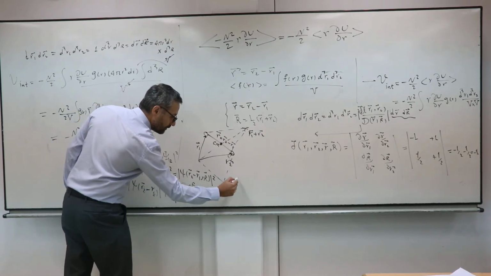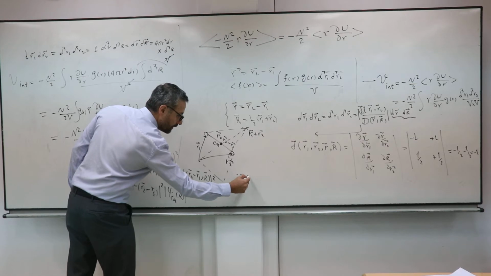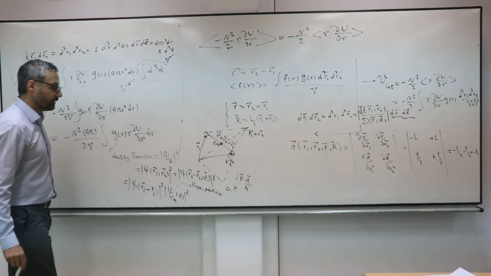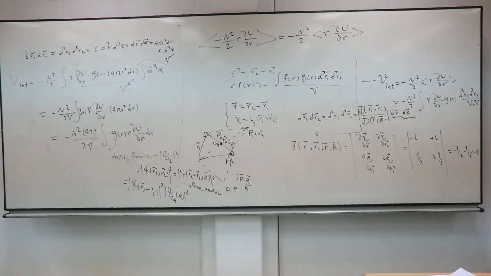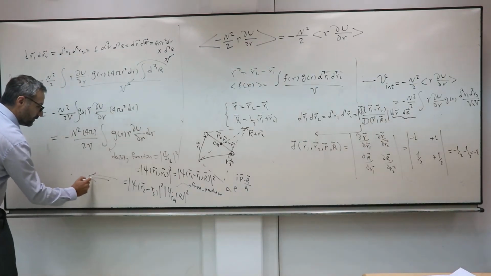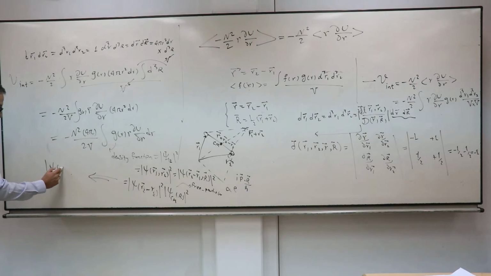So it's proportional to e to the i P dot R over h bar. You know that the square of the exponential is 1 when you have i. Anyway, if you want g(r), you need to know the psi, but you don't have the psi.